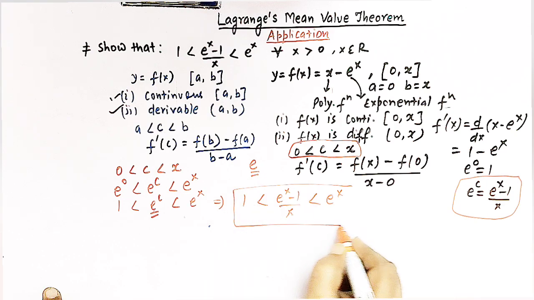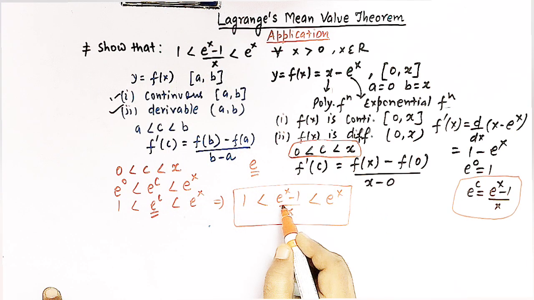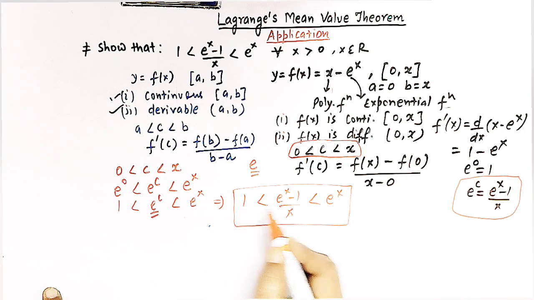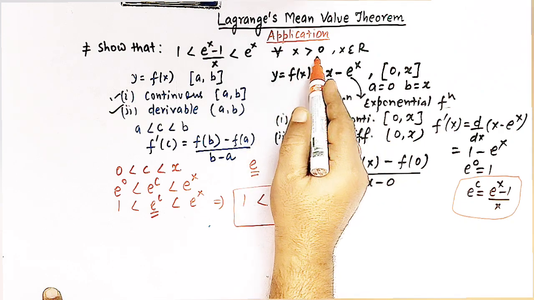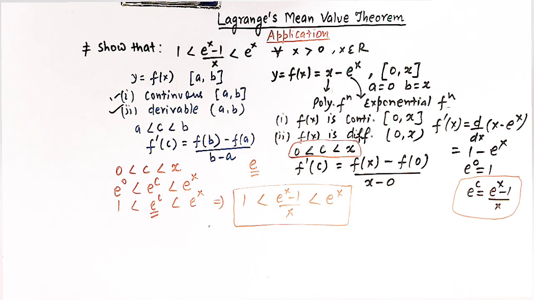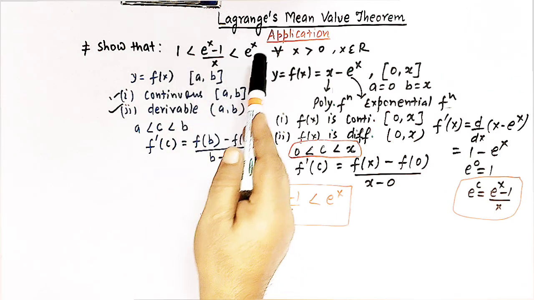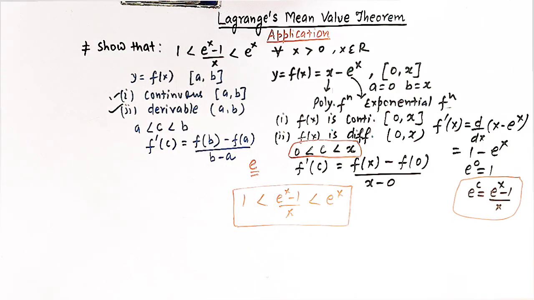So this is our required inequality, that is e raised to x minus 1 over x lies between 1 and e raised to x for all x greater than 0, where x belongs to the set of real numbers. So viewers, this is how by the application of Lagrange's mean value theorem, we can prove this important inequality.